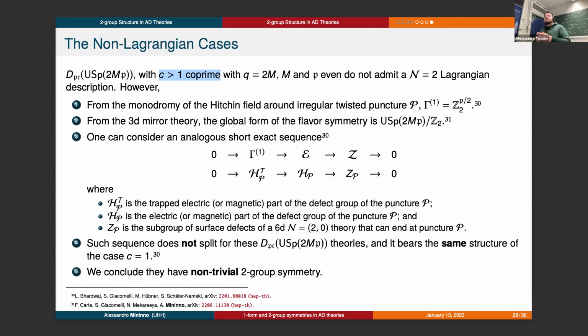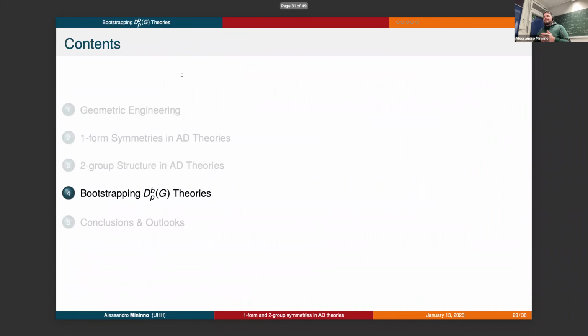We found that the one-form symmetries were the same when you close the puncture, when you do a Higgs branch flow. Then the two-group structures were the same when the family of theories is the same. So is it maybe possible to extract information about the DPG theory starting from an original Lagrangian, maybe easier, theory?